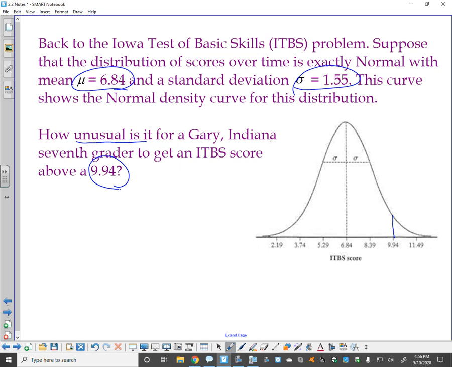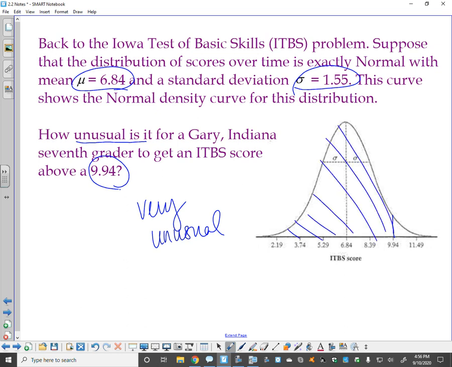So this is actually very unusual. That is ridiculously high. All these people got lower than him, and only this percentage of people got above him.